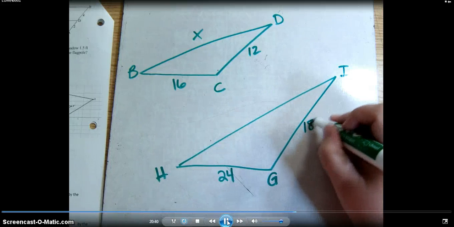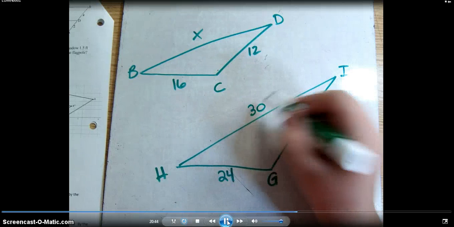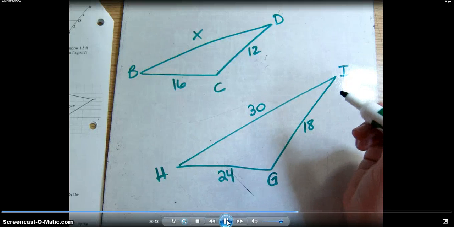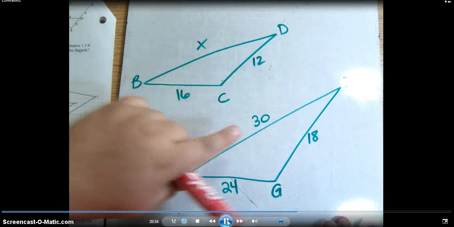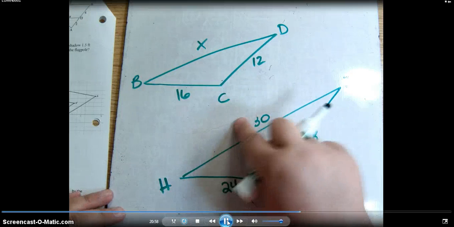And then this is 30. Okay, so this is what we're given. If the value of x remains unknown, we can't use this because we can't compare x and 30. We don't know them. So I might as well not even have them.